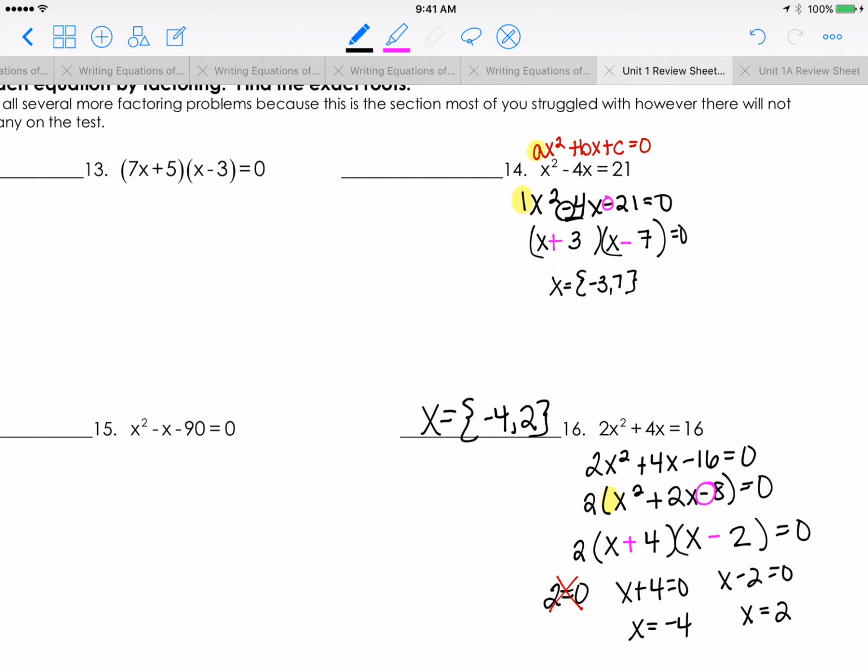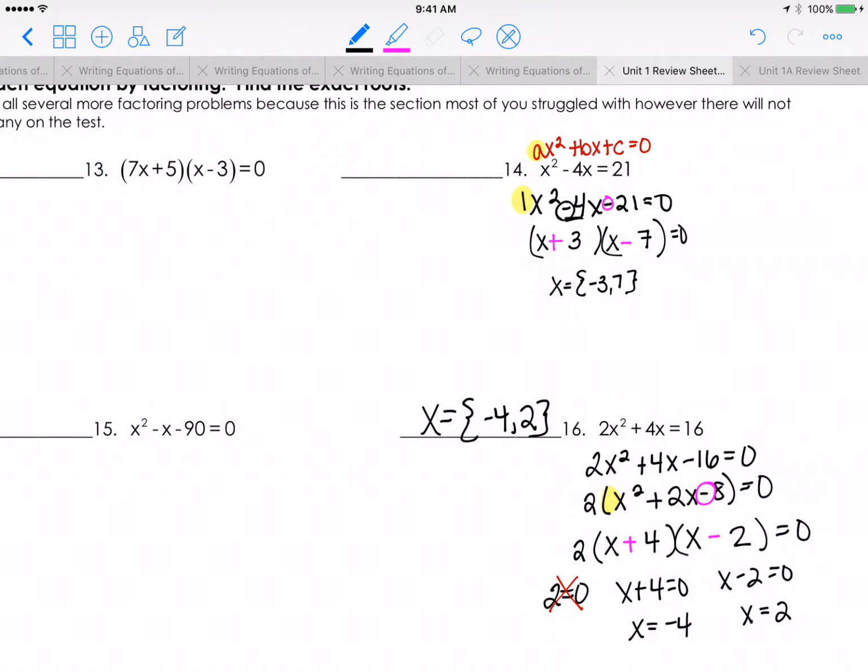So we know we have an x and an x. And we're going to ask ourselves, okay, so that's a negative. So that means one's got to be positive, one's got to be negative. So ask yourself, what is going to multiply to 21, but subtract to give you 4? Hopefully you would say 7 and 3.